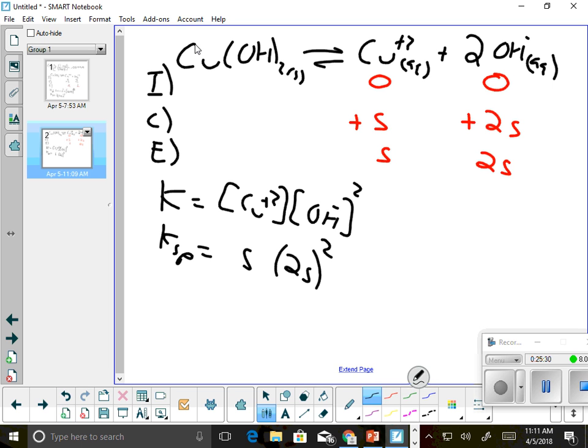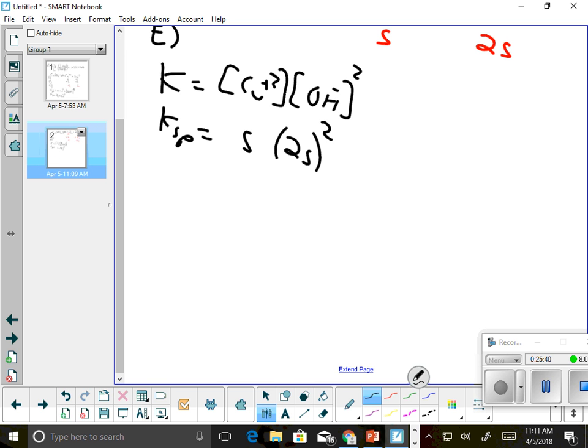Again, the ice table is just to organize your data a little bit, remembering the stoichiometric coefficients, things like that. Remember, the question gave me the K value, 2.2 times 10 to the negative 20th.